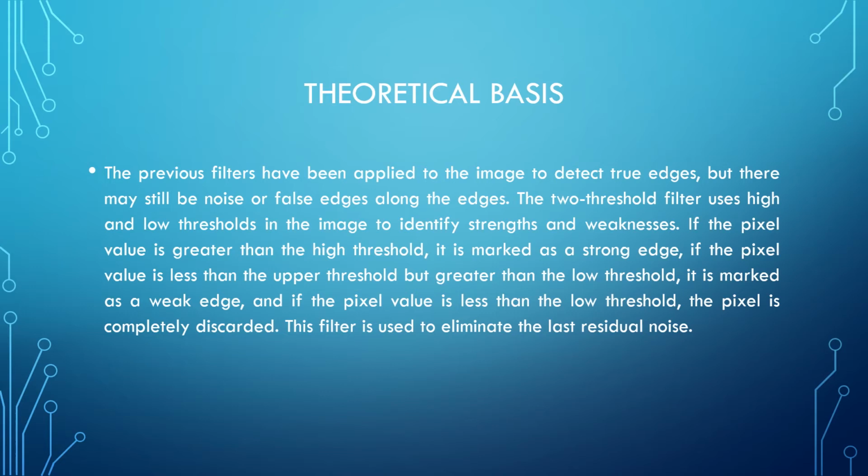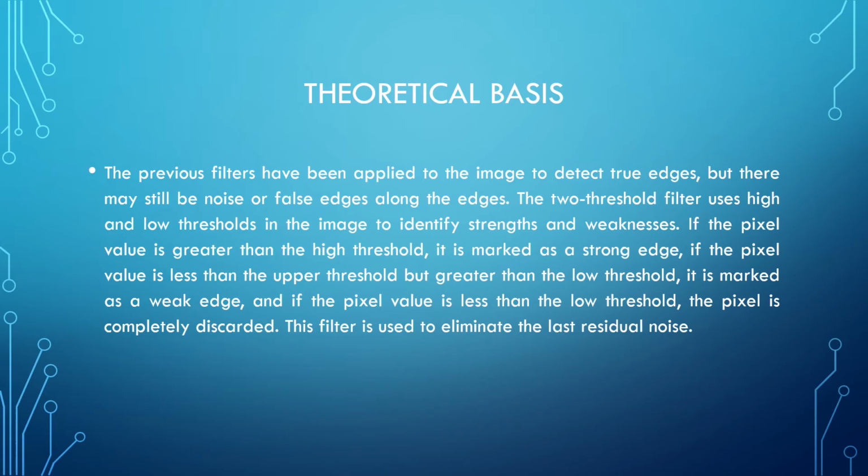The double threshold filter uses high and low thresholds in the image to identify strong and weak edges. If the pixel value is greater than the high threshold, it's marked as a strong edge. If the pixel value is less than the upper threshold but greater than the low threshold, it's marked as a weak edge.